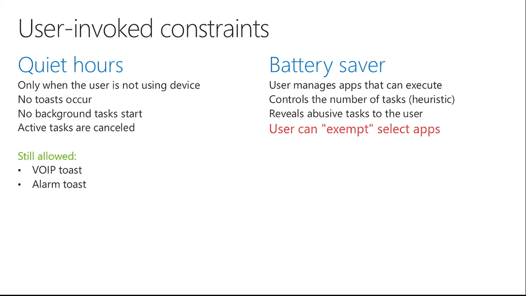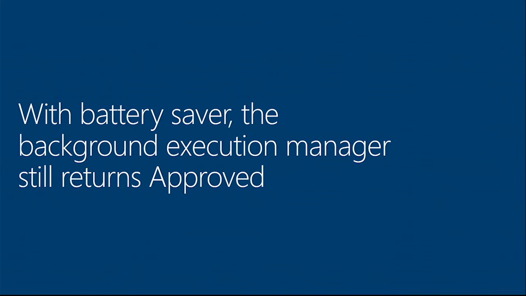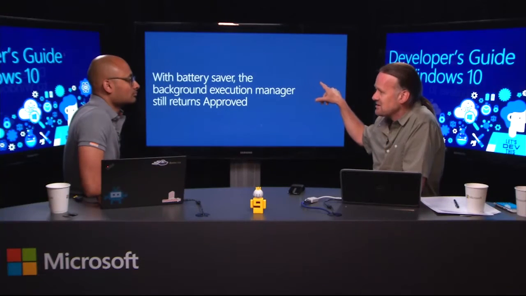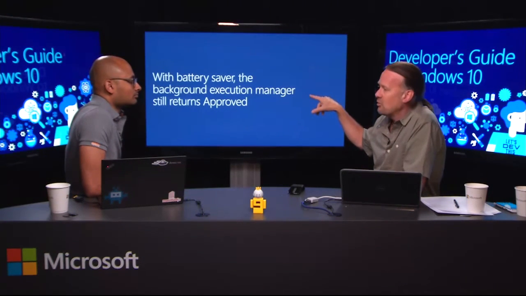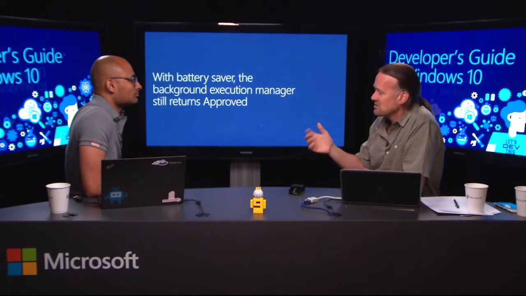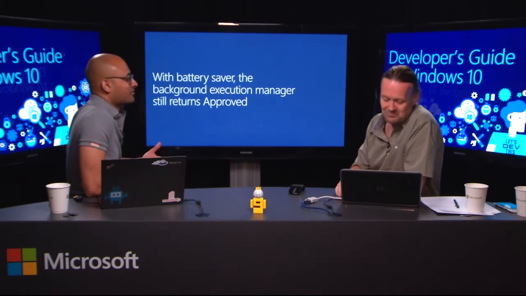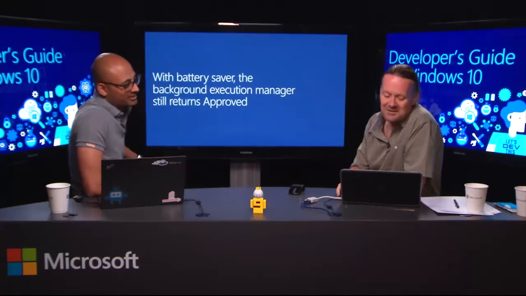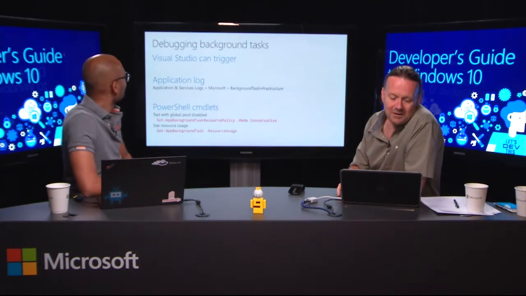But the user stays in charge of this. But the key thing here is if you request access async, even if you're on battery saver or quiet hours, it will still come back as approved, but then your task won't run. Because you're approved to run it, but not currently at the moment. Exactly. Yeah. Exactly that.